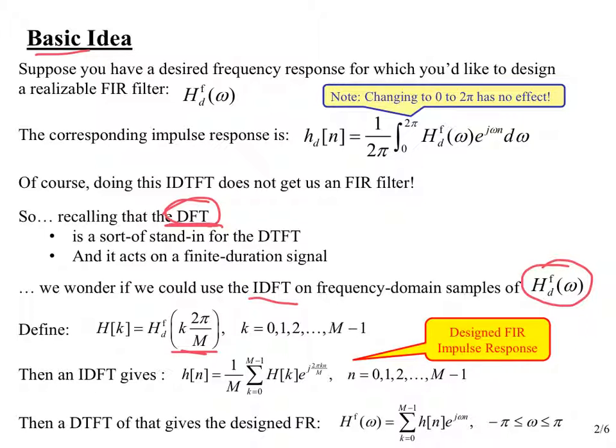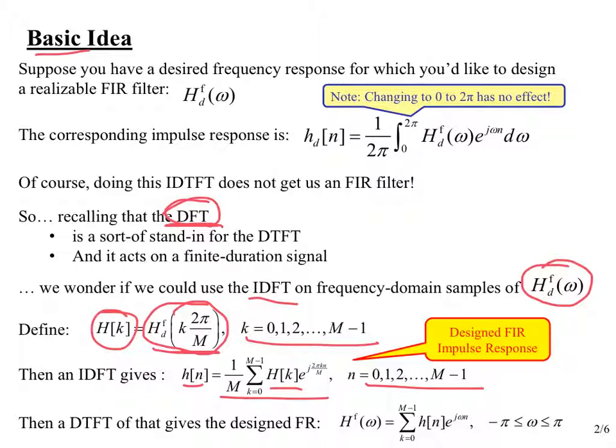So that allows us to go k from 0 out to M minus 1, and that covers the 0 to 2 pi range. If we take those samples, here's our H of k, which we've selected out as samples of that, and we just do an inverse DFT, we're going to get an h of n that will be finite in duration and should be related somewhat to the shape of this thing. And so that's the basic idea.